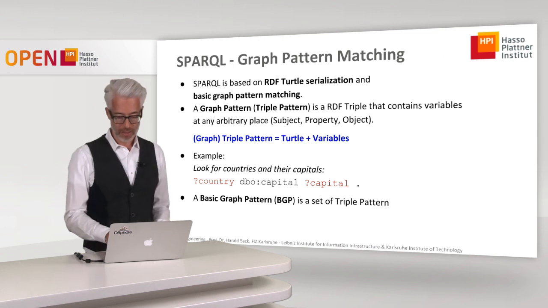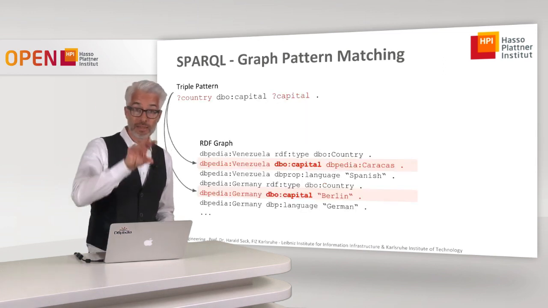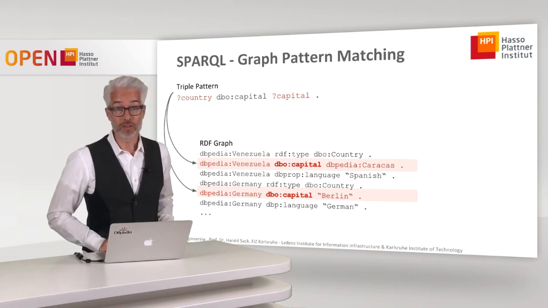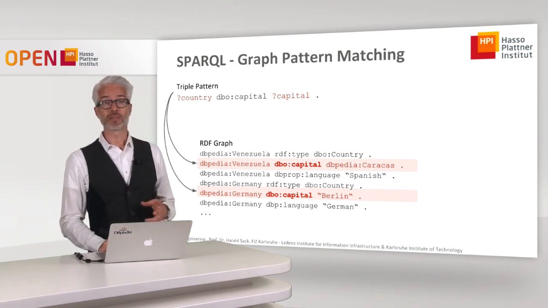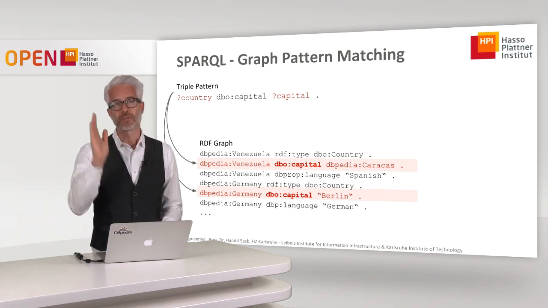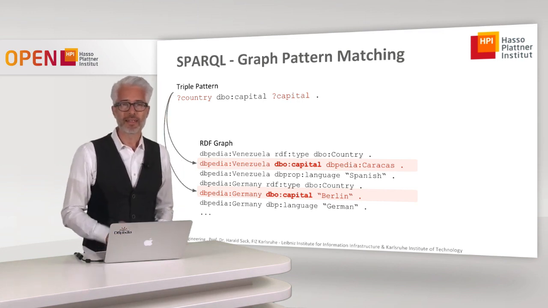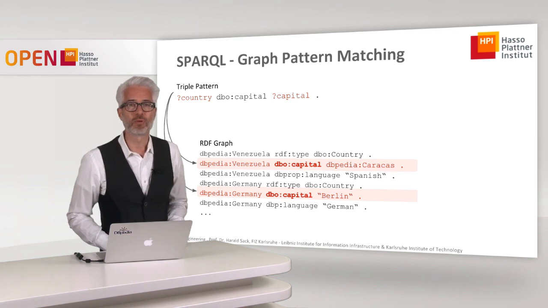So this is a basic graph pattern. This is how the pattern matching really works. You see here country, DBO capital, capital. And then we have the RDF graph where there are lots of countries and stuff like that. And it picks exactly these triples which contain here DBO capital as a property.